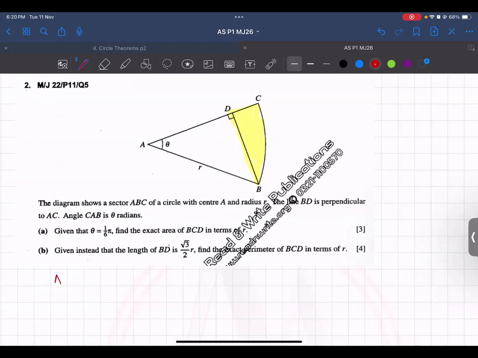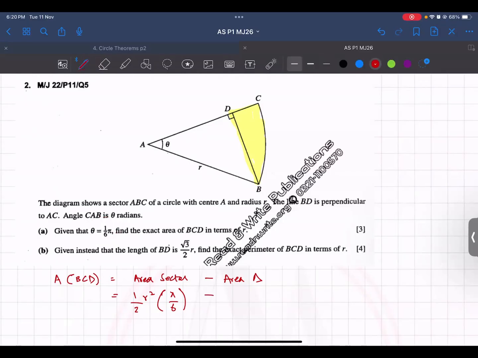So area of BCD will be area of sector minus area of triangle. Area of sector is half r squared theta. So half, R is the radius you don't know, r squared, and theta is pi by 6. They have given it to you. And minus area of triangle.